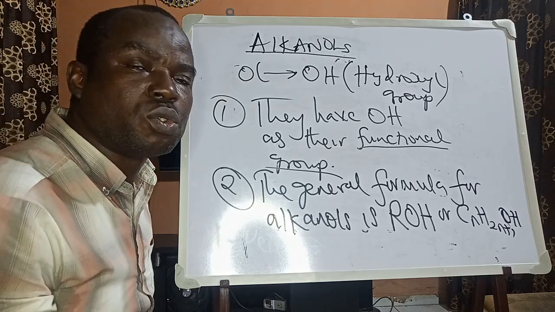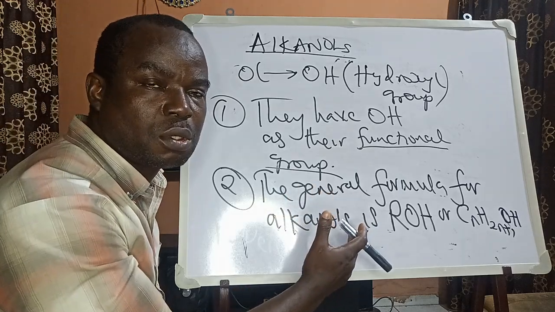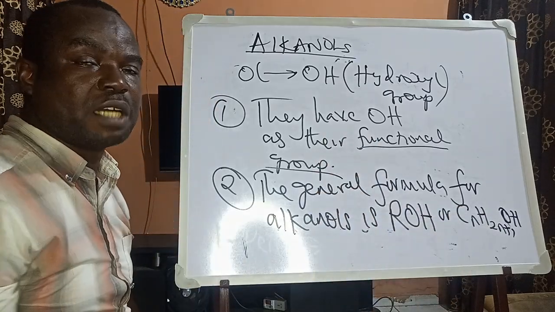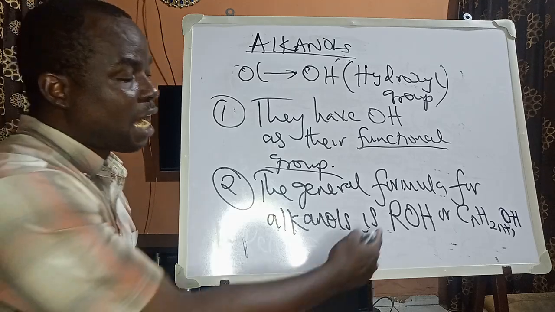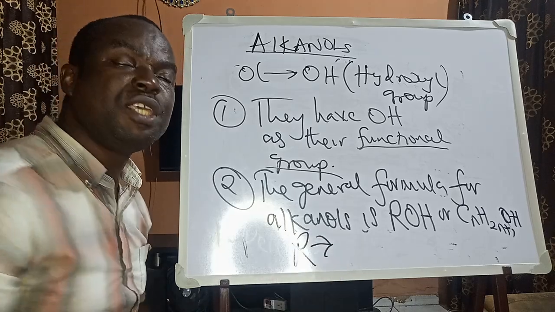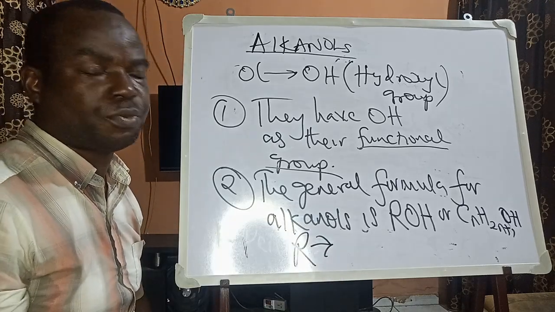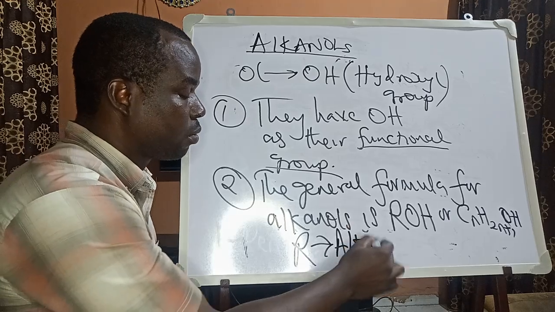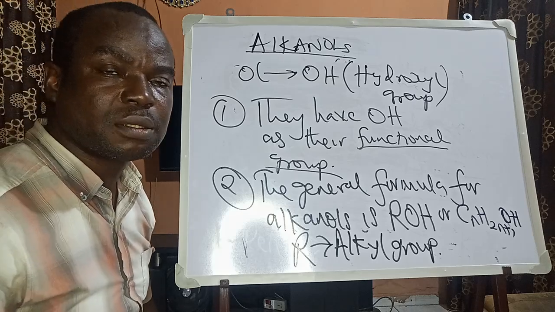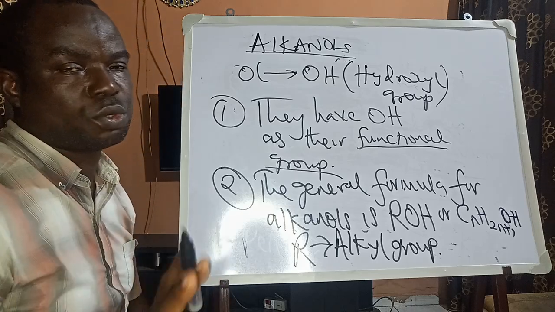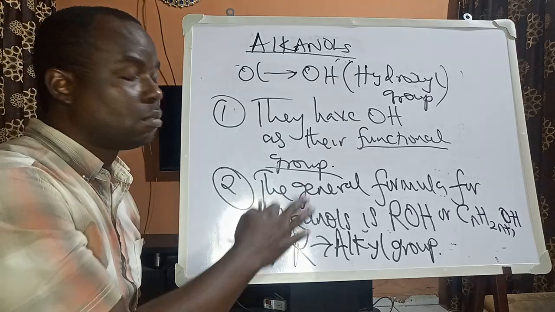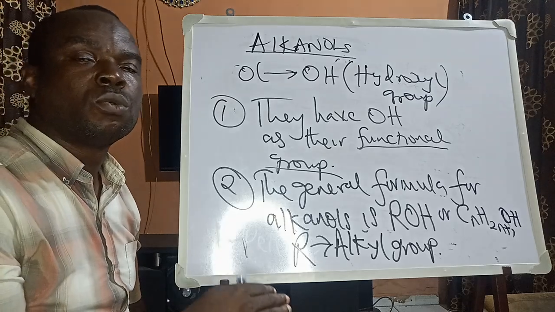The general formula for ALKANOLS is ROH or CnH2n plus 1 OH. Take note of that. Now, you might want to know what this R is all about. The R there means an alkyl group. So it means an alkyl what? Group. Take note.